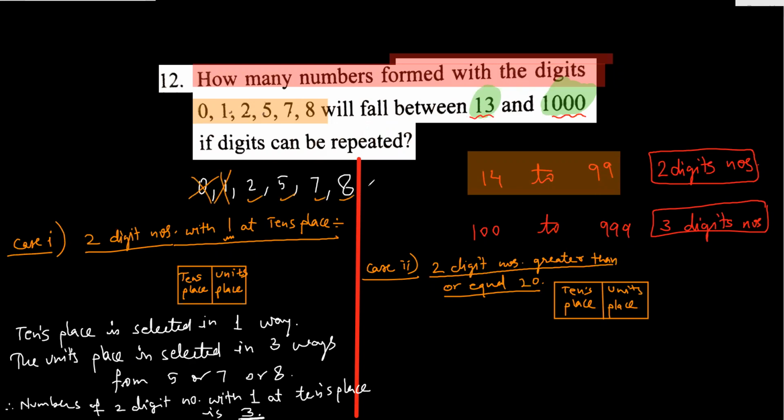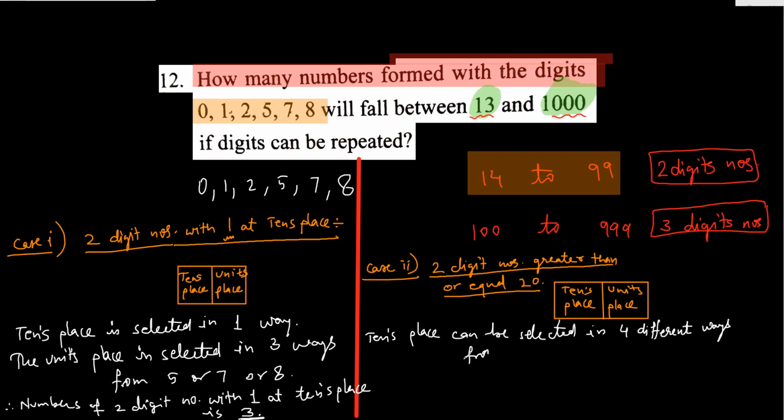It can be 2, 5, 7, or 8, right? So you will write here, tens place can be selected in 4 different ways from the digits 2, 5, 7, or 8.